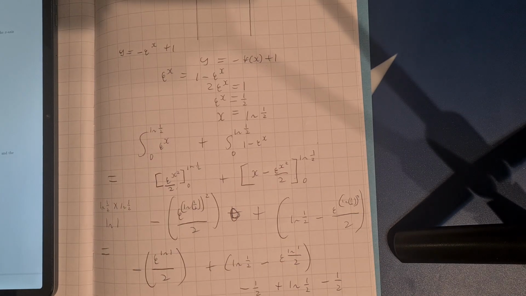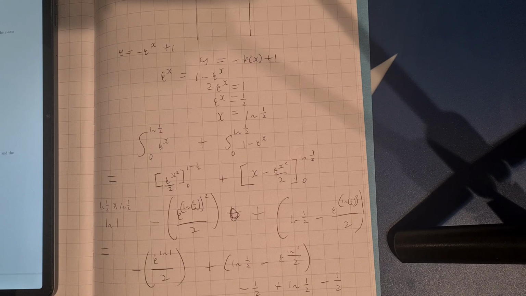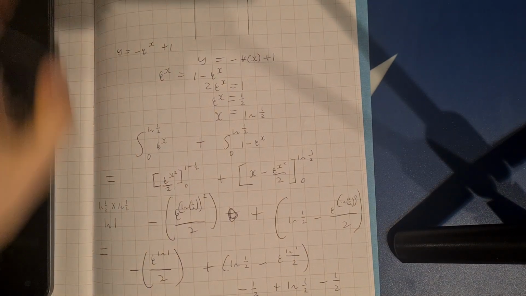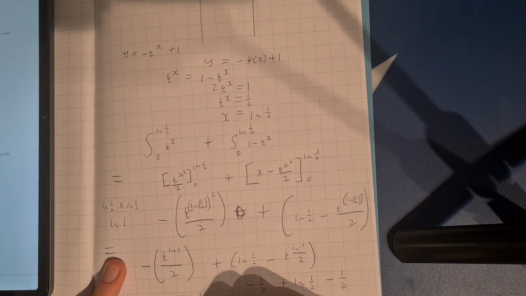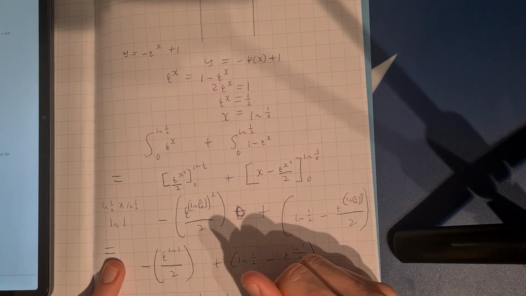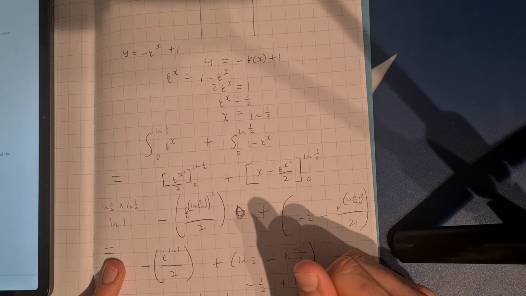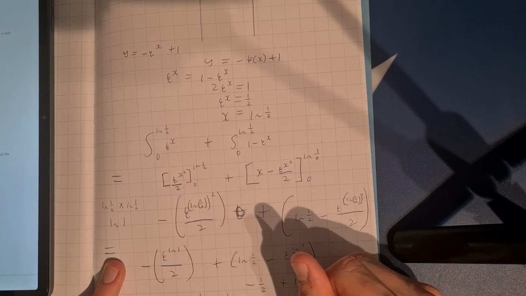Let's see, is that any of the answers on here? We have 1 minus ln a half. 1 minus ln 2. And a half minus a half ln 2. ln 2 minus 1. Well, I think then what I'm going to do is I'm going to say the area is basically just this, but I got something similar, so I'm just going to say 1 minus ln a half.